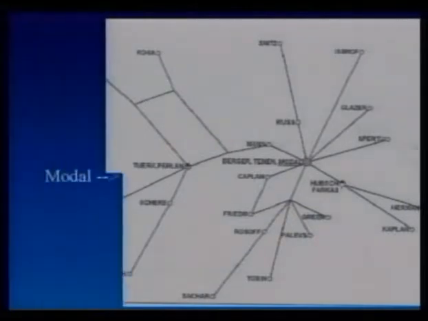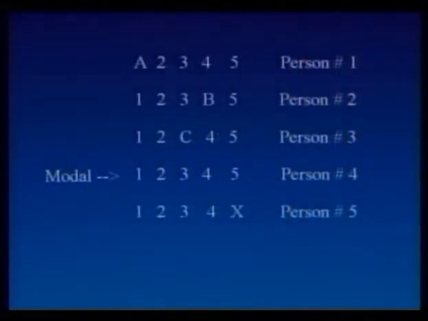Now, in order to help me understand it, instead of doing it on 12 or 37 or 67, I tried to show it here on the basis of 5 people. Let's say person 1 tested A2345, and person 2 tested 123B5. If you compare these two, out of the 5, they're different by 2 markers.